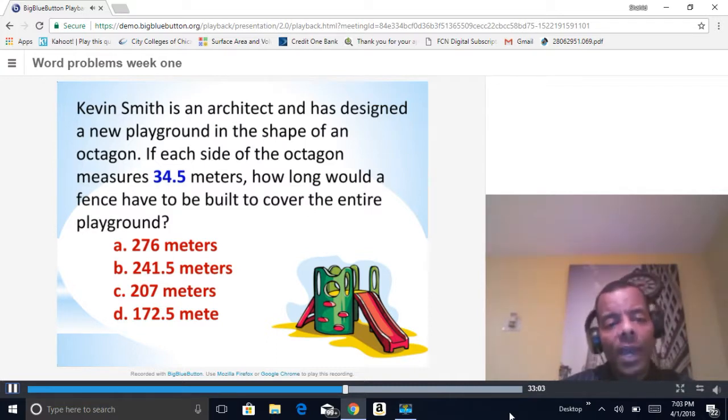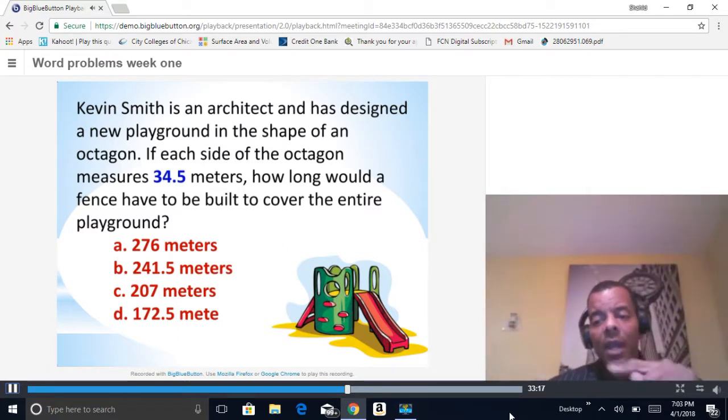So Kevin built a playground, which is a polygon of 8 sides. And each side of the octagon measures 34.5 meters. So I want you to picture an octagon, and every side has a 34.5 on it. 34.5 meters on every side in an octagon.